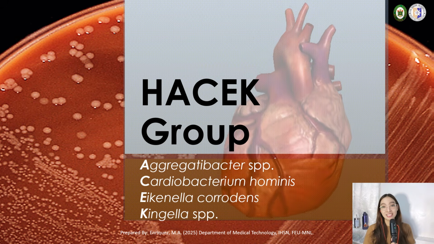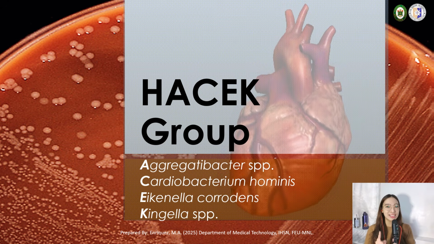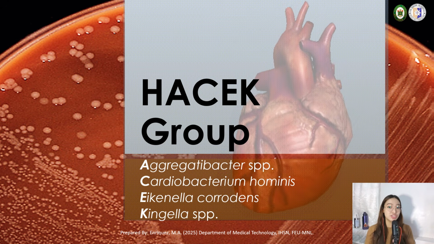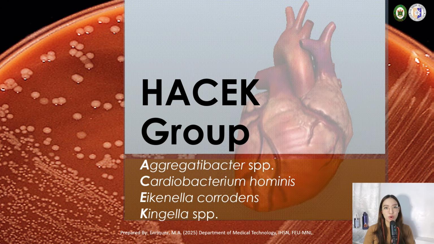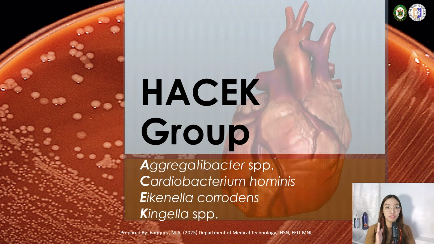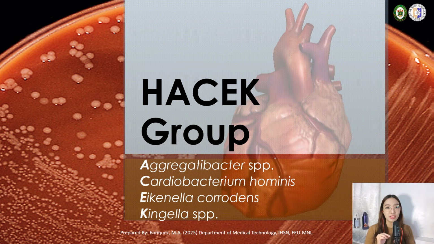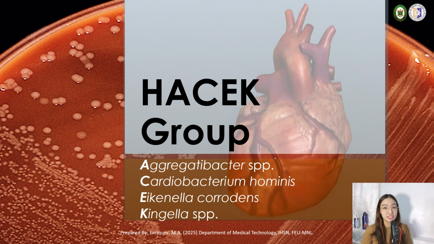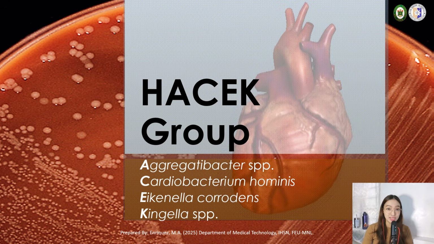Let's start with the HACEK group. The acronym HACEK consists of the first initial of each genus included in the group. So H stands for Haemophilus, which we already discussed in part one of this video. Next, A is for Aggregatibacter, C is for Cardiobacterium hominis, E is for Eikenella corrodens, and K is for Kingella species.